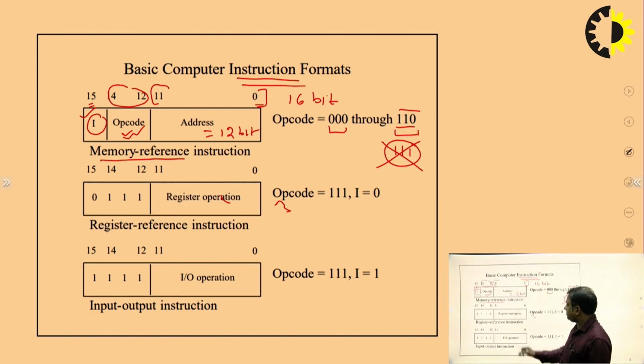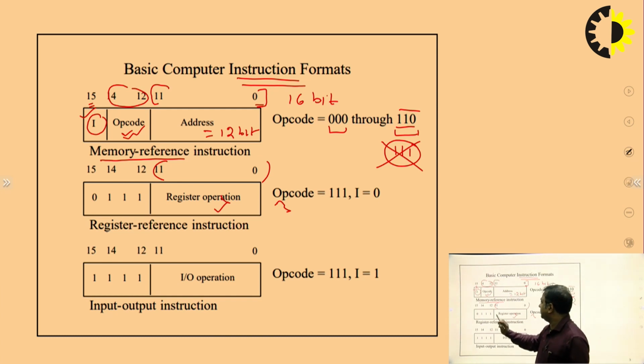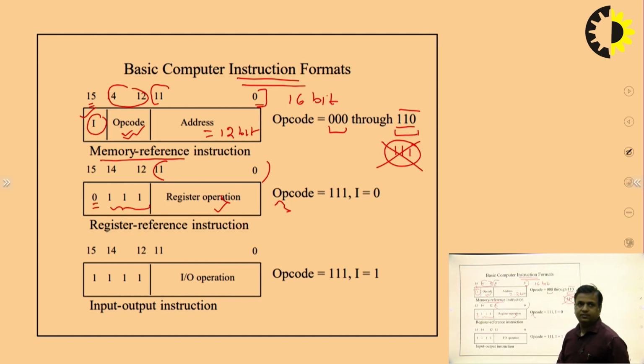Next is the register reference. In register reference, again bits 0 to 11 represent the register operation, that is which operation is to be performed, and the last 4 bits are the combination of 0 followed by 3 ones, right?